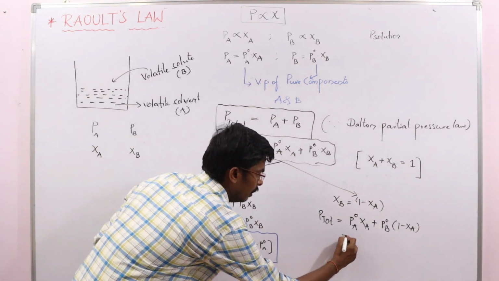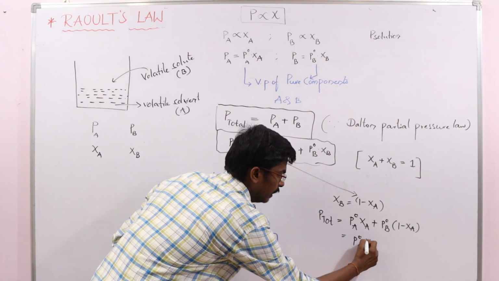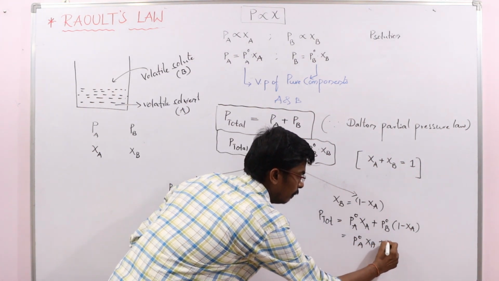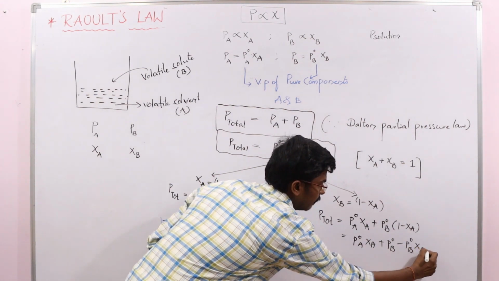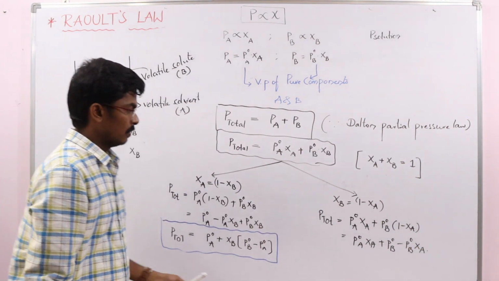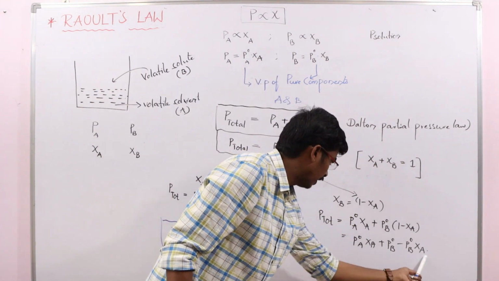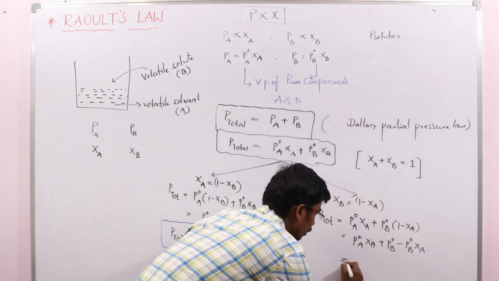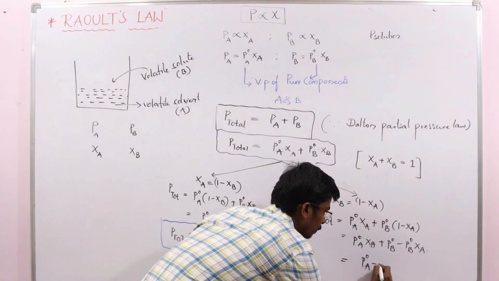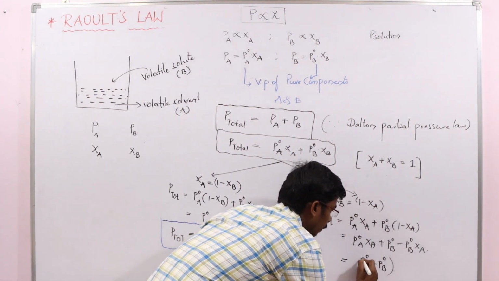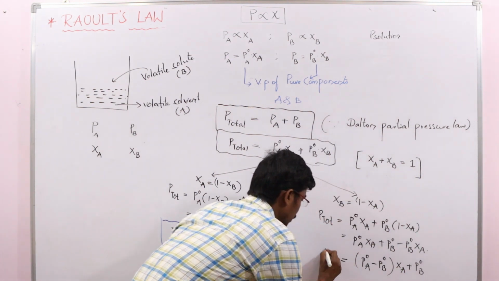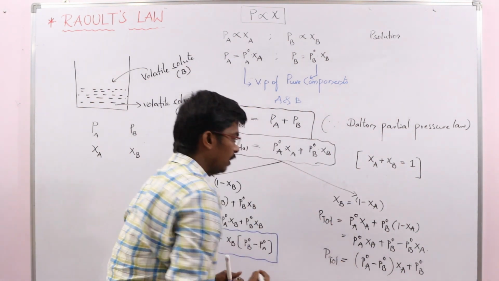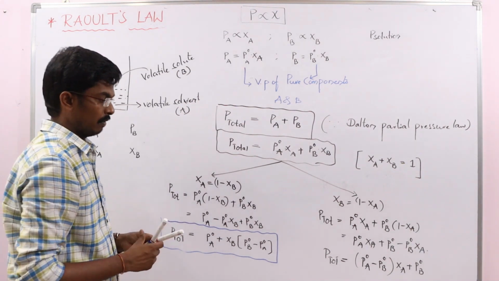So you get P naught A XA plus P naught B minus P naught B XA. When I take out XA as common, you get P naught A minus P naught B into XA plus P naught B. So this is the relationship between P total and the mole fraction of the solvent.